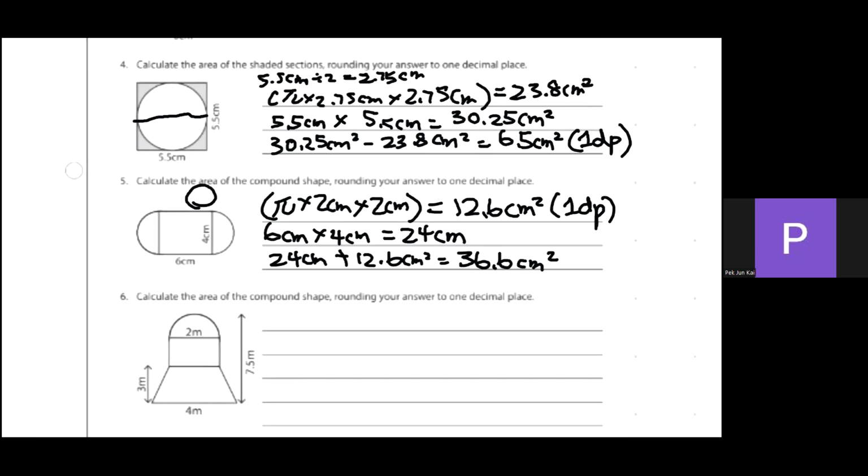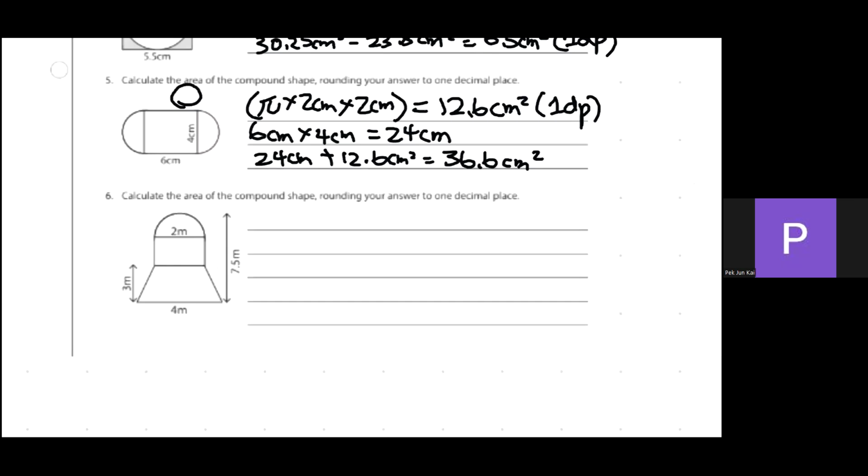Next, we would calculate the area of this compound shape. Firstly, we would calculate the area of the semicircle.